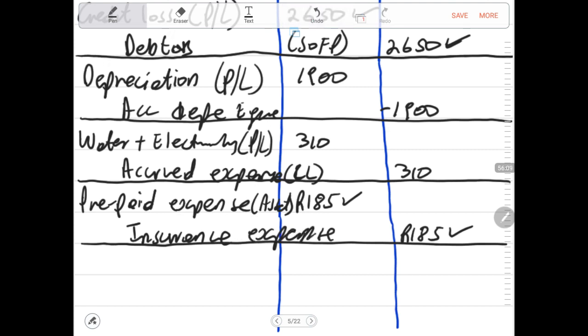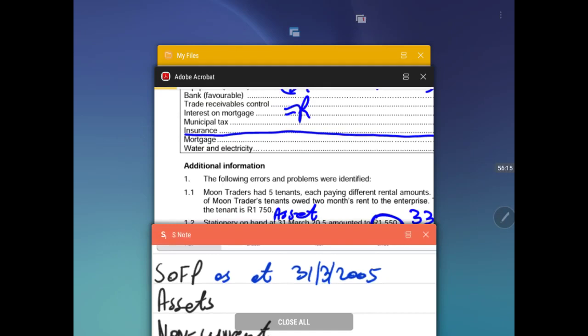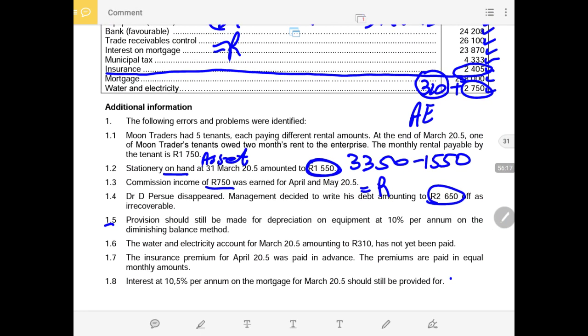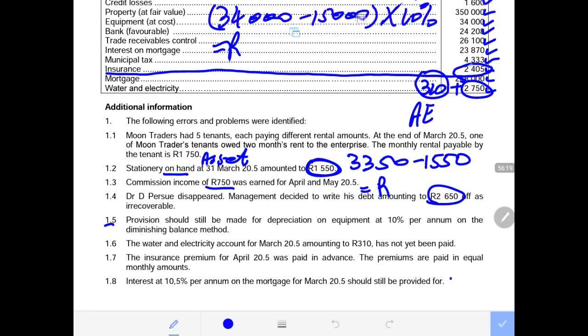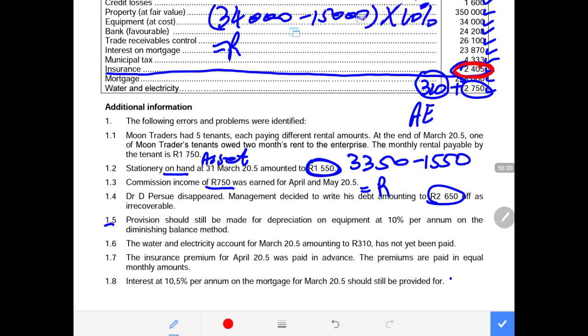In other words, we are saying the insurance that we saw in the trial balance, let me go there, the insurance that we saw in the trial balance, which is 2,405, includes insurance for the month of April, meaning this insurance includes insurance for next year.